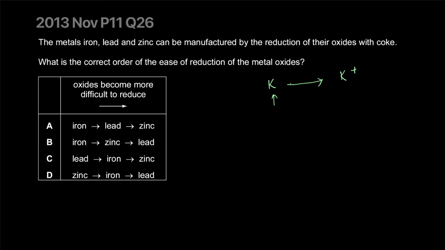So if you look at the reactivity series, you have potassium to begin with, then you have sodium, calcium, and then you have zinc somewhere here, and then iron, lead.